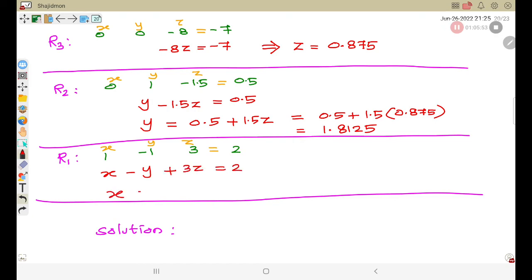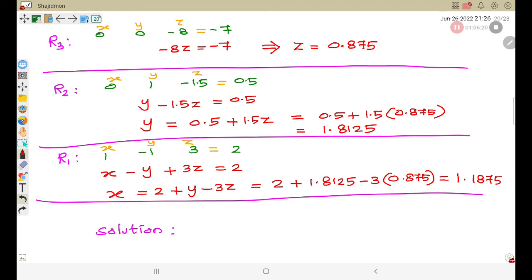So x means 2, minus y going to next side plus y, plus 3z going to next side minus 3z. So 2 plus what is the y value? 1.8125 minus 3 multiply what is the z value? 0.875. You can check the number. What number you are getting? 1.1875. That is the x number.